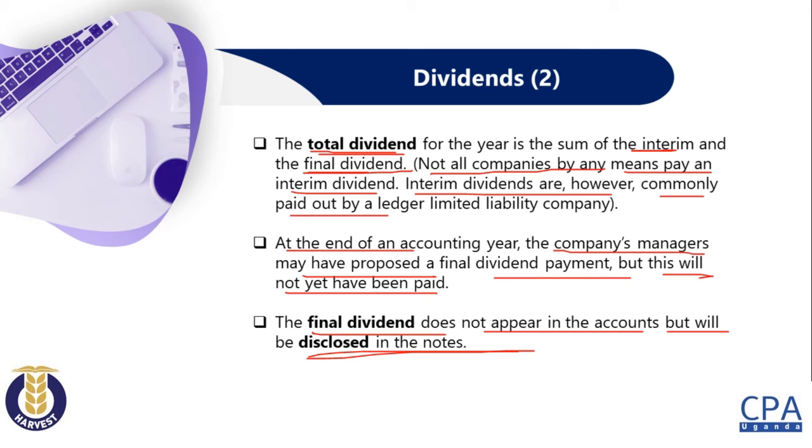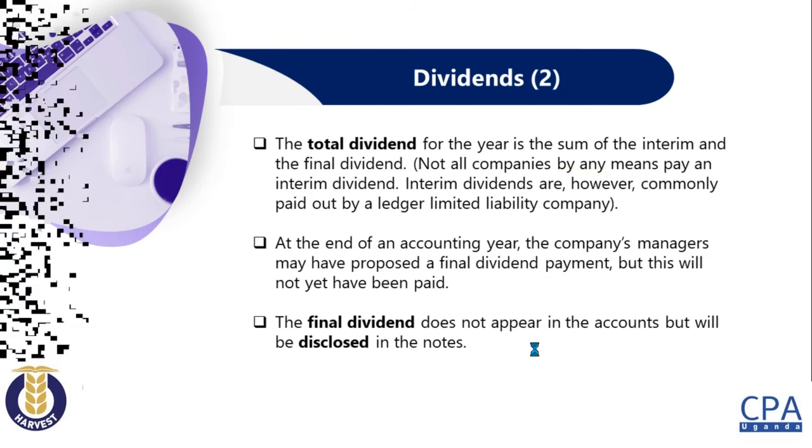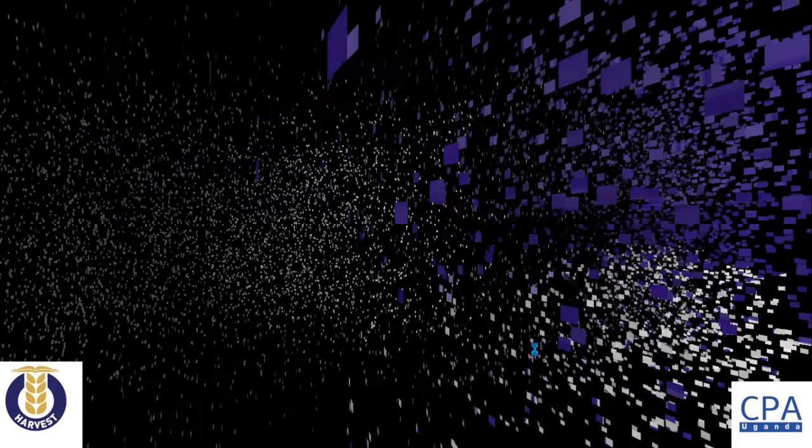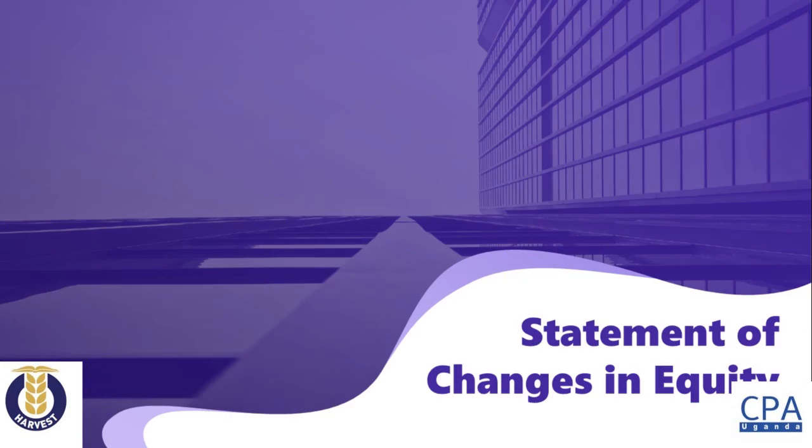Alright, so with those reserve accounts, we can now go to the preparation of the statement of changes in equity. All these reserve accounts that we have talked about, the share capital, the share premium, the revaluation reserve, the retained earnings, the general reserve, are all included in the statement of changes in equity.